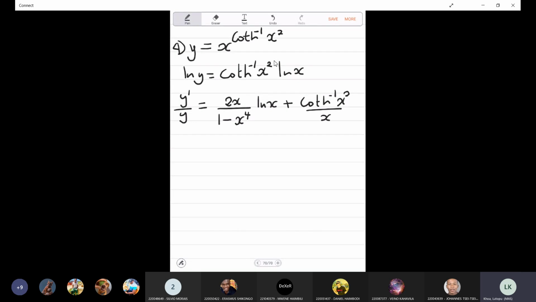Okay, so there isn't anything that can cancel with what we have, so we just need to make y prime the subject. So y prime, this is y times 2x ln of x over 1 minus x to the power of 4 plus coth inverse of x squared over x. Okay, and you can always rewrite this y like that. So this isn't a very long term. So on your paper it will fit nicely, but leaving it like that is also fine.